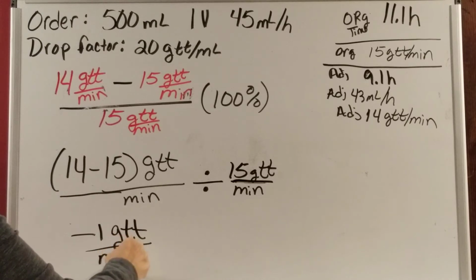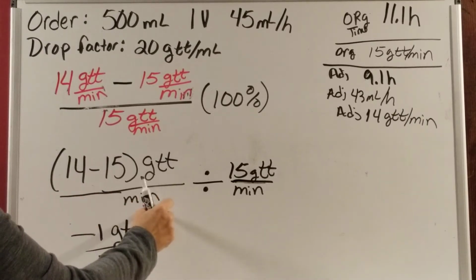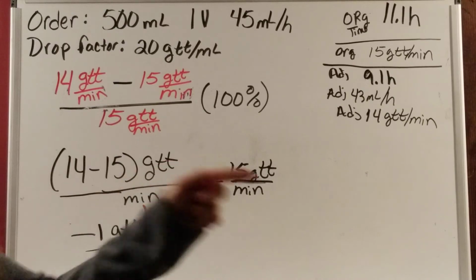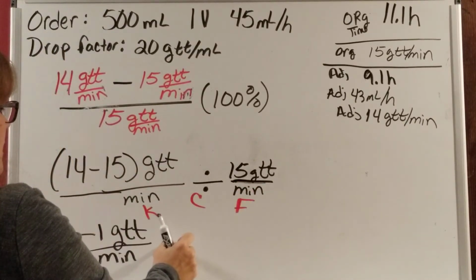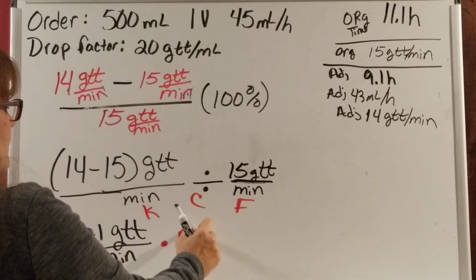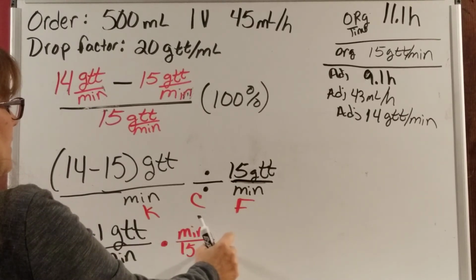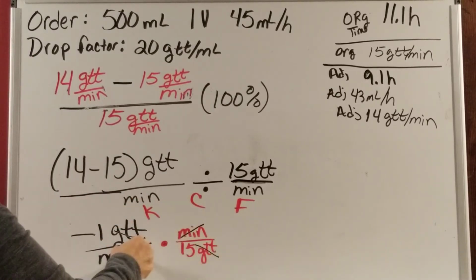And whenever we divide by fractions, there's a rule. We're going to keep the first term the same. We're going to change this operation from division to multiplication. And we're going to flip this second term. So change, flip. And what happens? Well, we can reduce. The drops reduce, the minutes reduce.